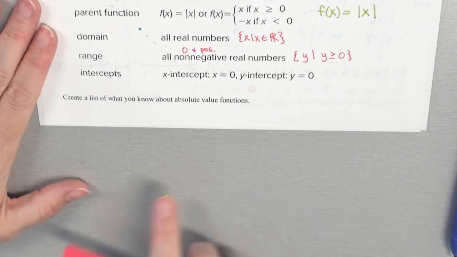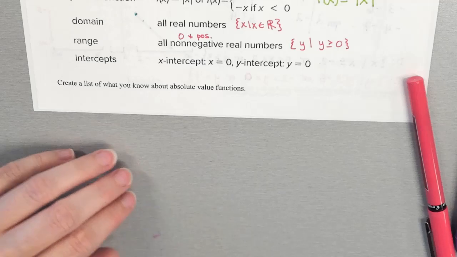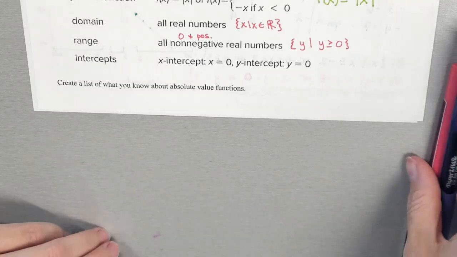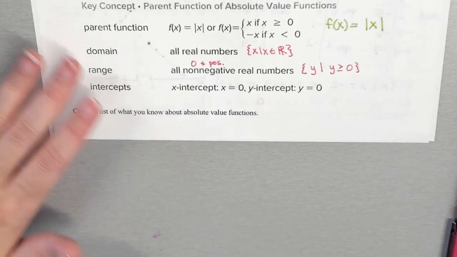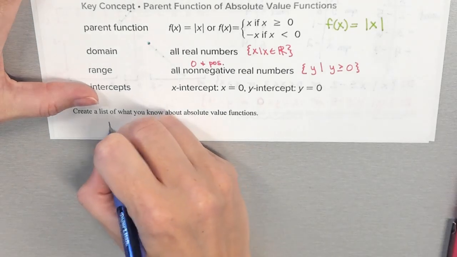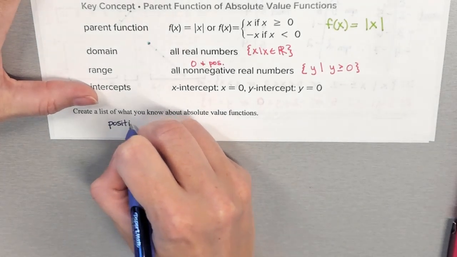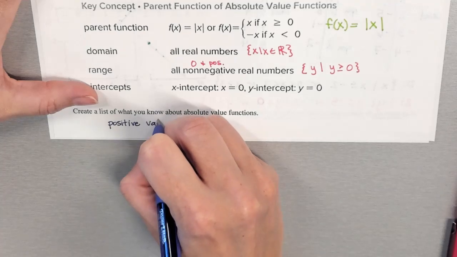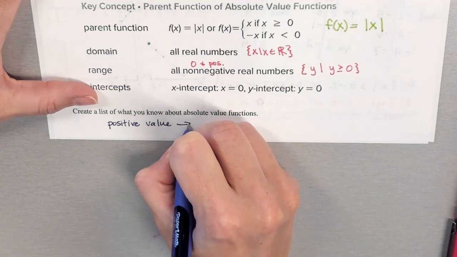Okay, and then I said create a list of what you already know about absolute value functions. So you know if it's absolute value, your solution is always going to be what? Positive. And then do you guys remember what the official definition is? Like why it's always positive? What does it calculate?